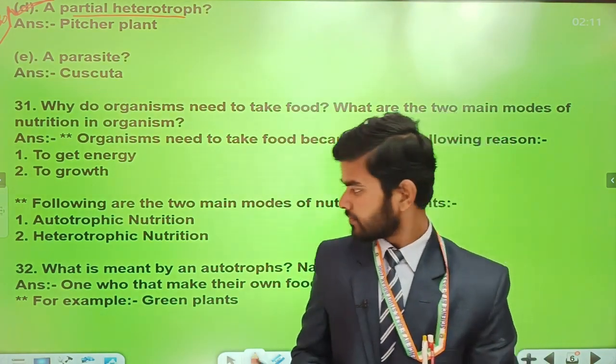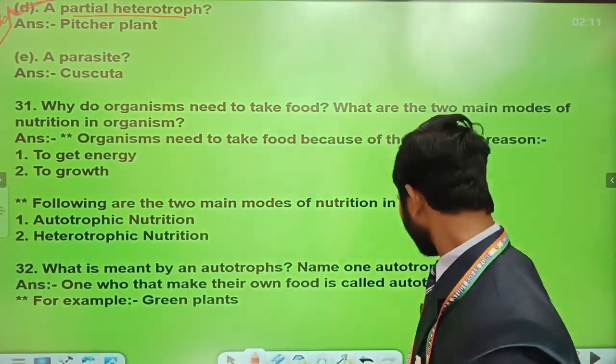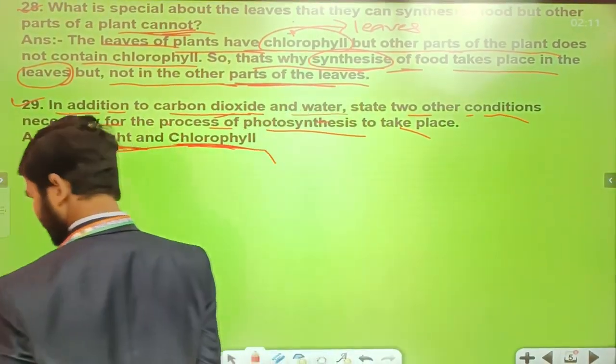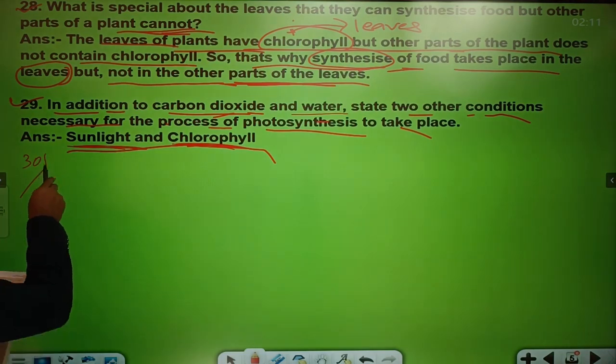Question number 30. There is some misprint in the question. Okay, let me go to the previous pages. There is question number 30. All clear? Question number 30. If you want, you can write it.